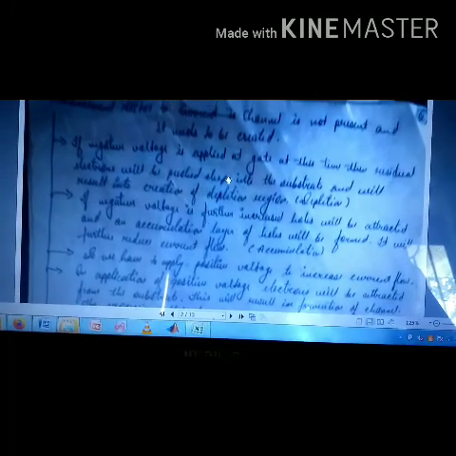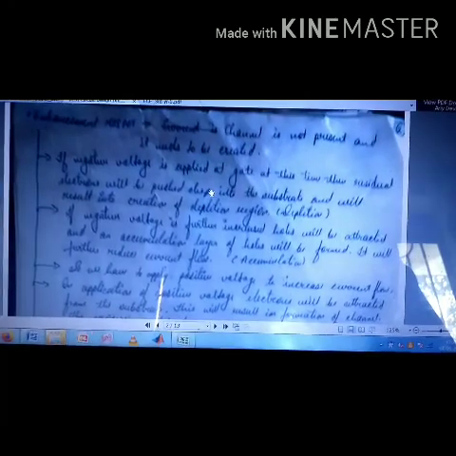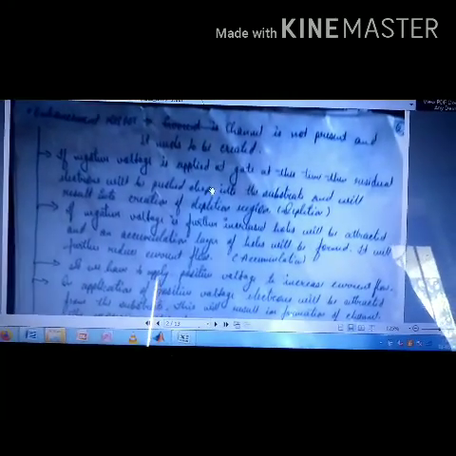This condition is known as depletion. Now if the negative voltage is further increased, holes will be attracted to the region between source and drain contact, and this will result in accumulation.